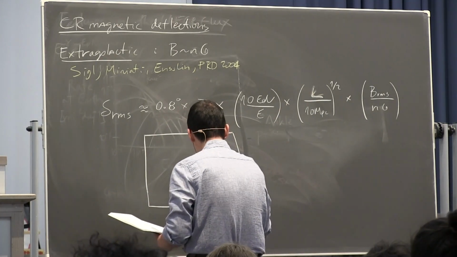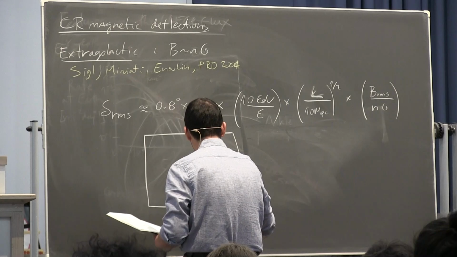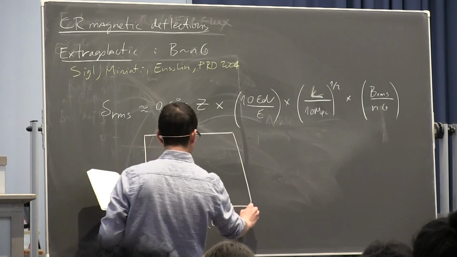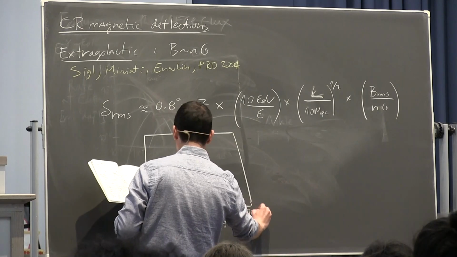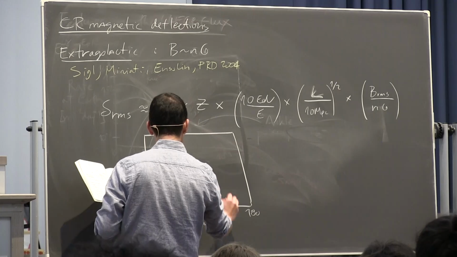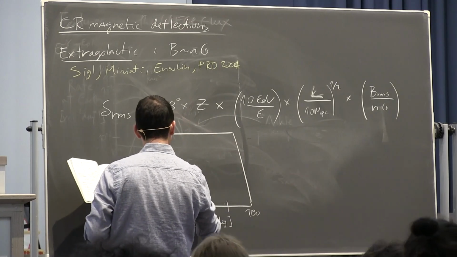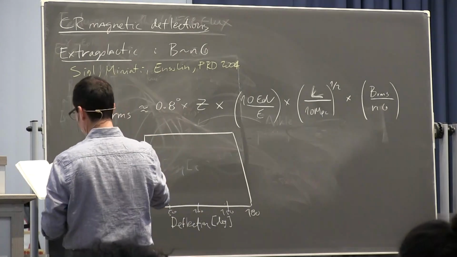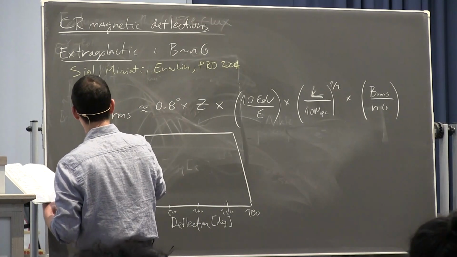And we measure this in the following way. So this is 0, this is 180. Let's say 50, 100, 150. And this is a cumulative distribution.